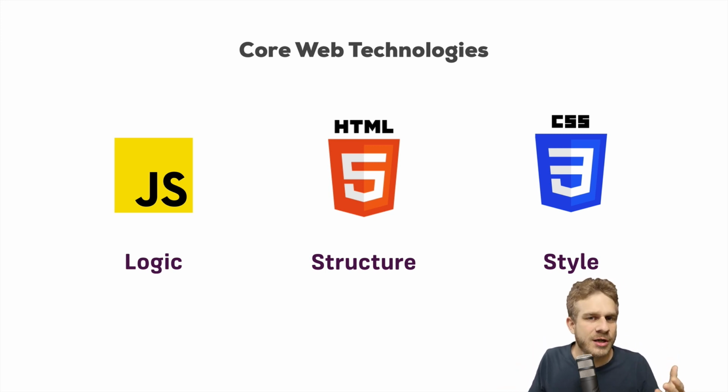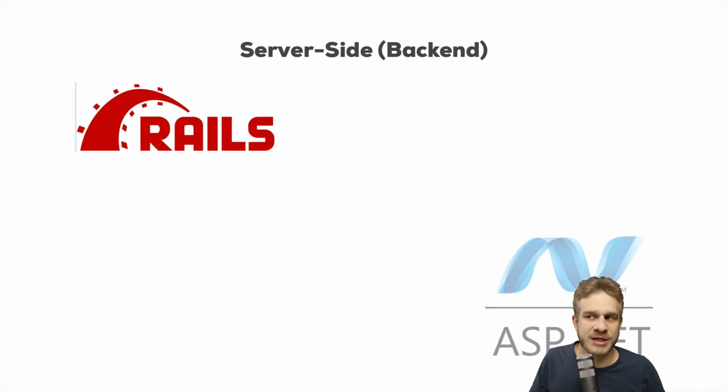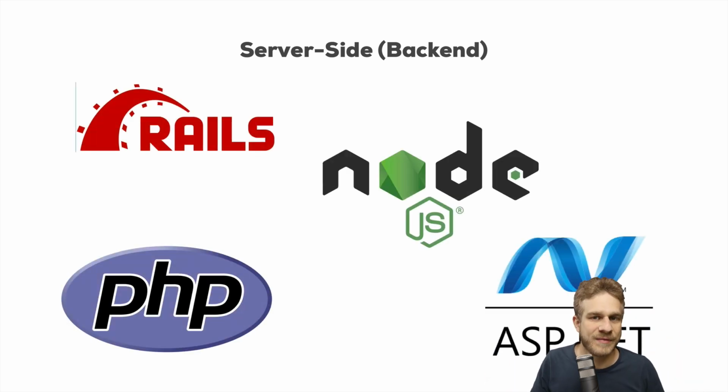But as I mentioned, these all run in the browser. We also got a server side, and there we got an abundance of languages we can use, and these are only some of them, not even all. So we got Rails, PHP, Node.js, ASP.NET, and as I said, we got other languages too. Now, on the server side, we don't just have three languages therefore. In the browser we have a clear limited set of languages we can use.